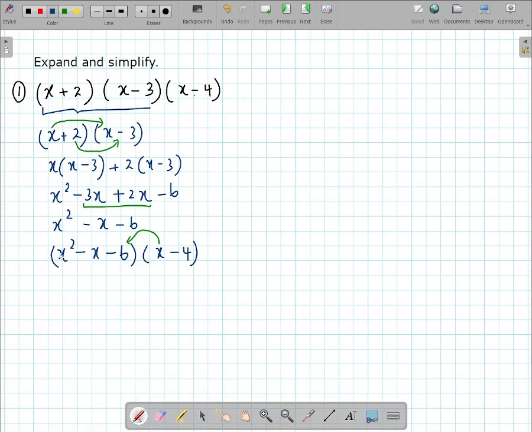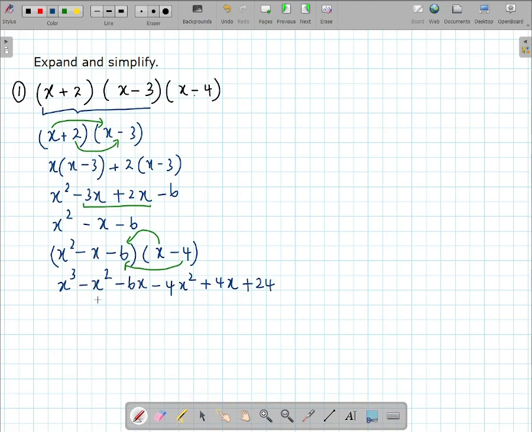So x times x to the power 2, that is x to the power 3. x times minus x squared. x times minus 6, minus 6x. Then I'm going to multiply this entire bracket by minus 4. That is minus 4 times x squared, that is minus 4x squared, minus 4 times minus x, plus 4x, minus 4 times minus 6, plus 24.